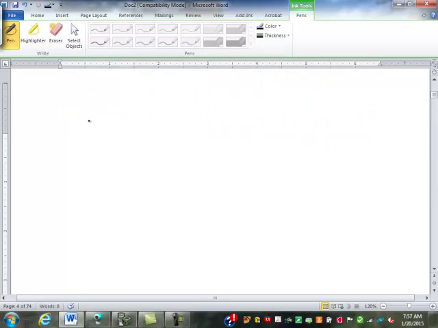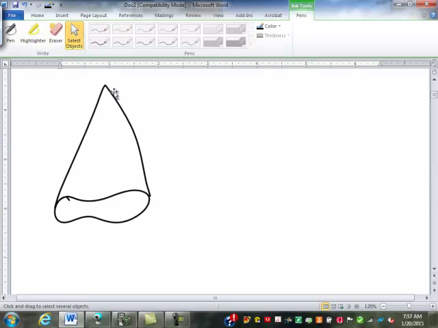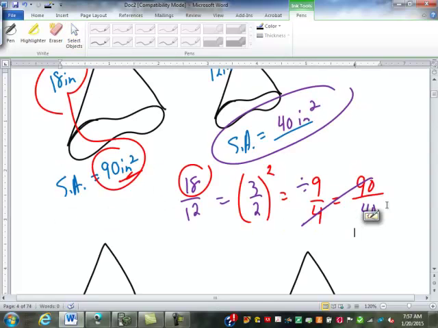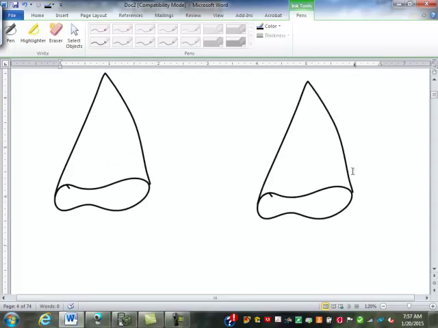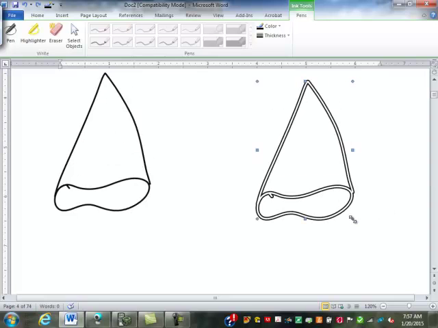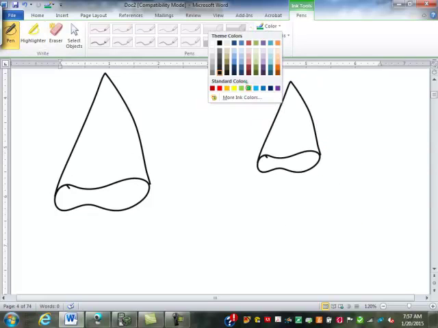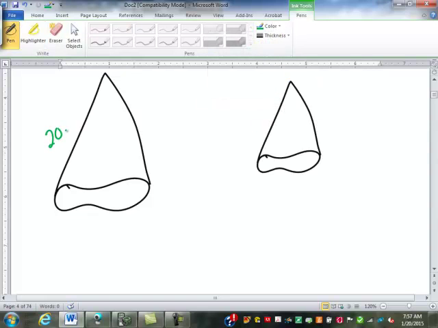What if we have an unusual figure like that? And this time, we go from having a length of 20 feet to 12 feet.